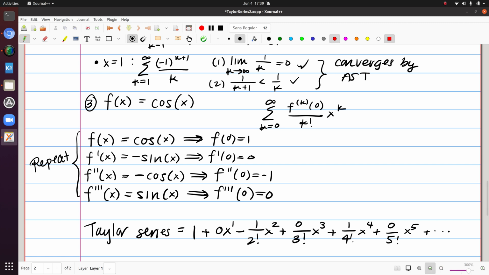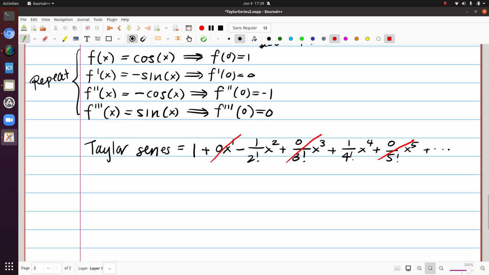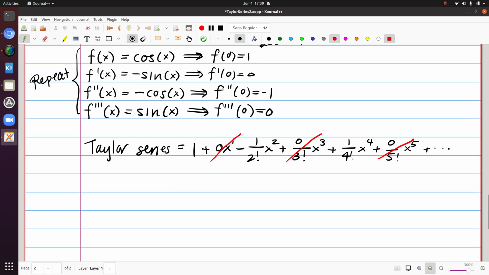So what's happening here is I can just completely disregard the odd powers of x. And we're left with trying to express 1 minus x squared over 2 factorial plus x to the 4th over 4 factorial, etc. in sigma notation.